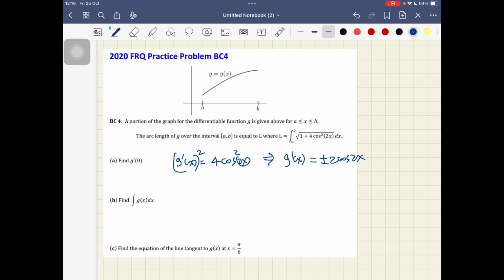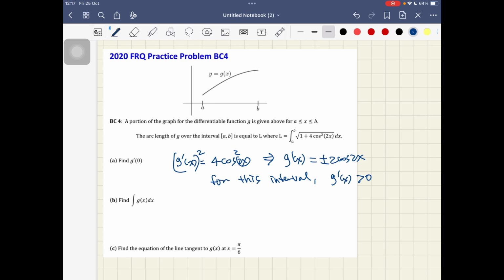But because from A to B it seems to be increasing in this interval, g prime of x looks positive.